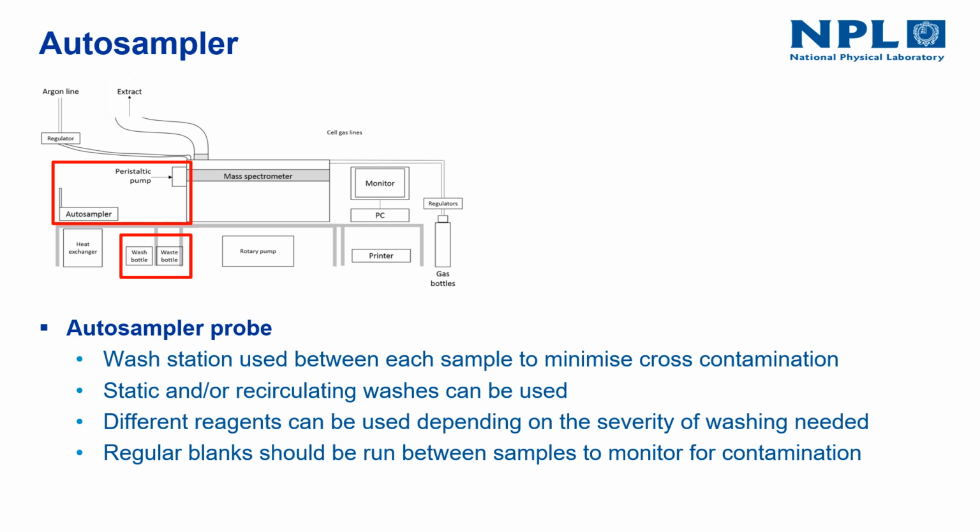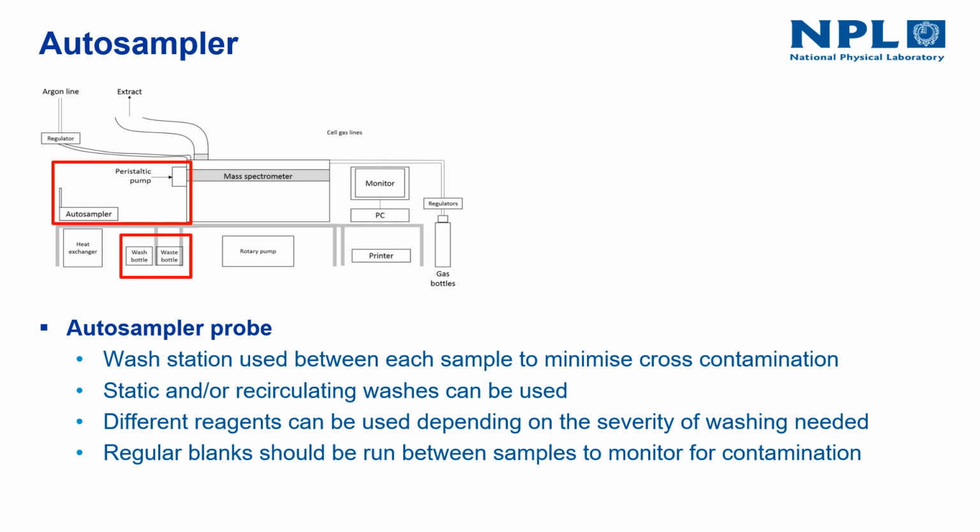This can be done using either a static wash bottle containing a rinsing agent or a recirculating wash that is pumped from a wash bottle into a reservoir that the autosampler probe sits in for a predetermined amount of time. Or it might be that a combination of static and recirculating washes are used.